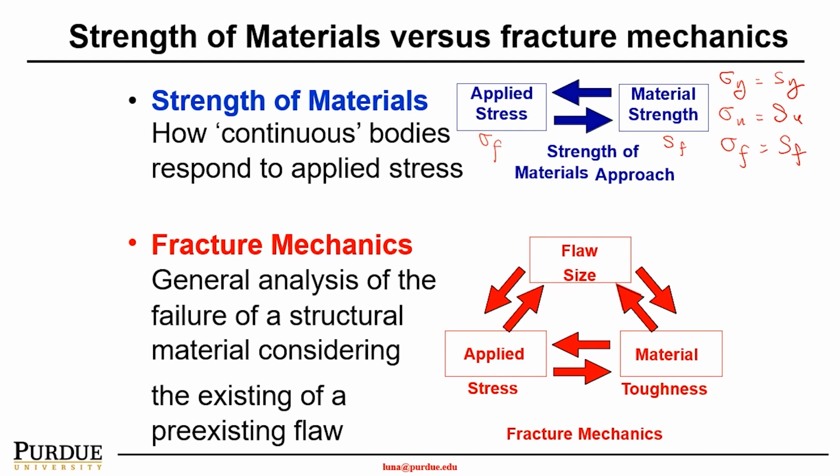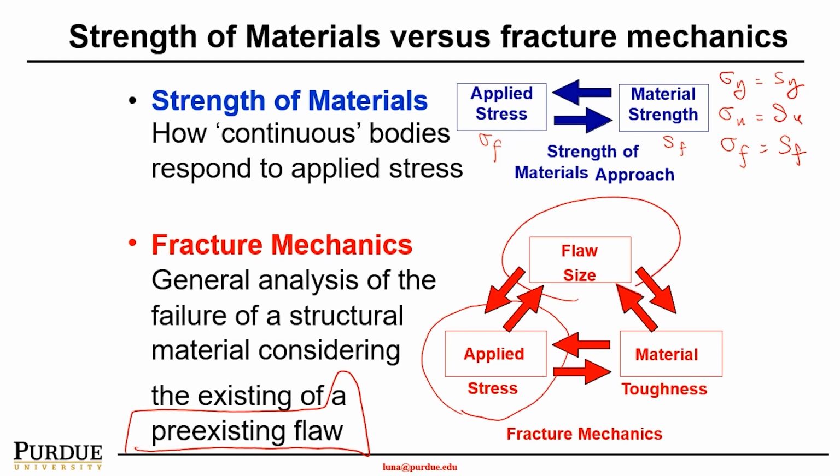However, in fracture mechanics, we need to consider a pre-existing flaw, which is the case in most real-life situations. So therefore, there is a third important parameter. We have to look at applied stress. What is the applied loading condition? And then we have to consider what existing flaw, what's the flaw size, what's the flaw geometry, where the flaw is located.